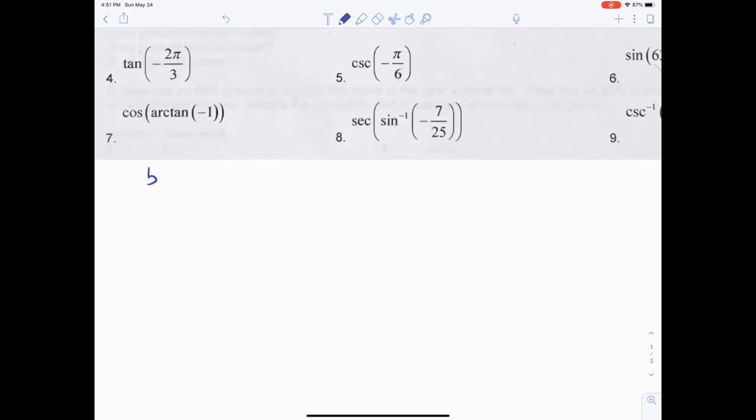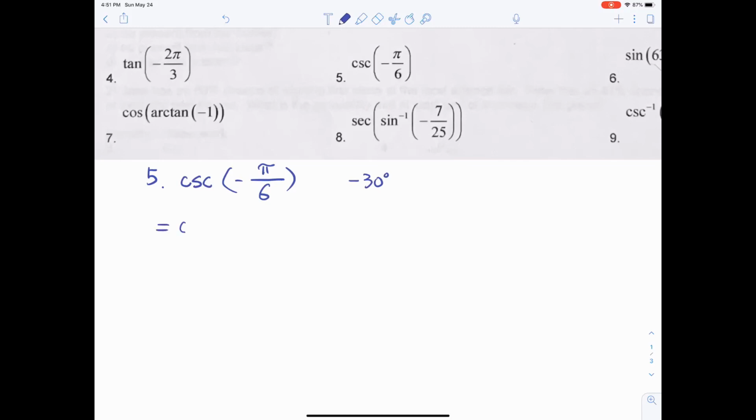Sometimes just by copying, it helps me to process my thought. You know, in my class, sometimes students do not want to copy. That is missing a lot. Pi over 6 is 30 degrees, so it's negative 30 degrees, right?